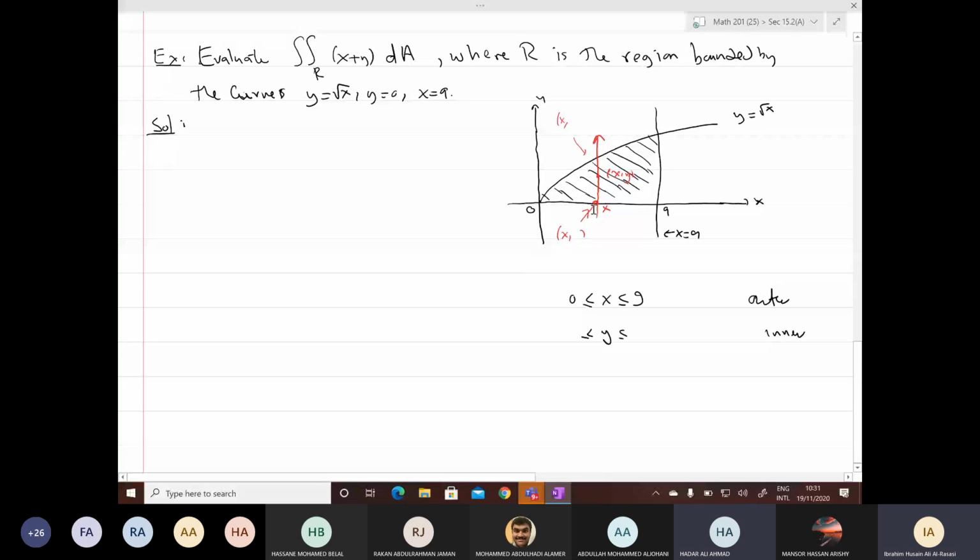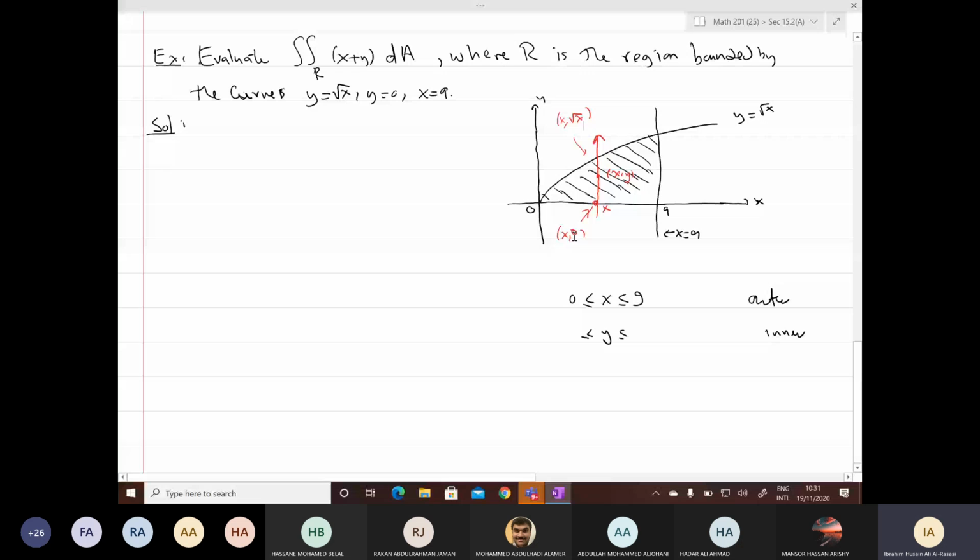Y equals 0. Exactly. What is the y coordinate here, for the upper point? Root x, the square root of x. So for this x, y will go from the lower y coordinate to the upper y coordinate, from 0 to root x.